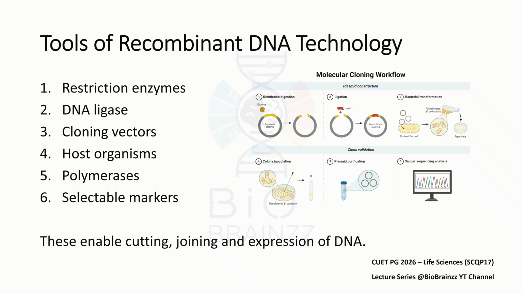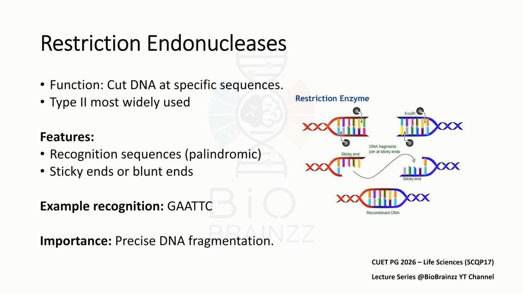Next, cloning vectors serve as carriers that transport foreign DNA into host cells. Next, host organisms replicate and express inserted genes. Next, polymerase synthesizes DNA and selectable markers help identify transformed cells. These components together form an integrated system for DNA manipulation and expression.